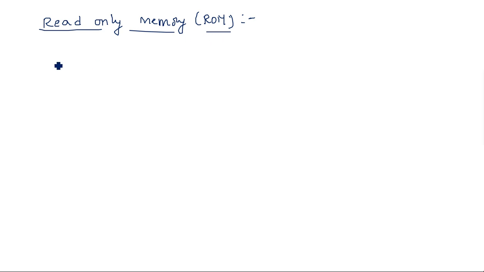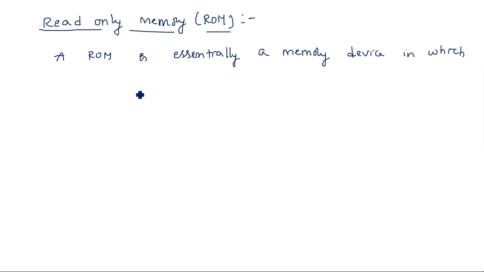A ROM is essentially a memory device in which permanent binary information is stored.